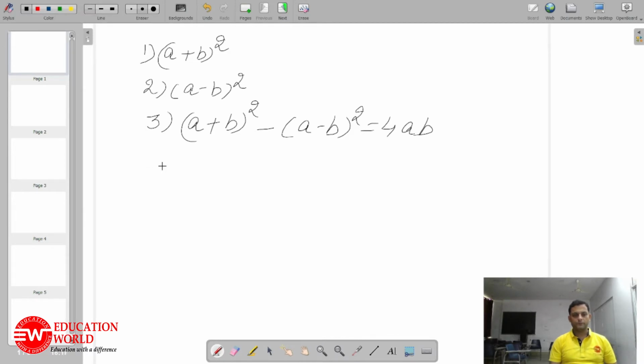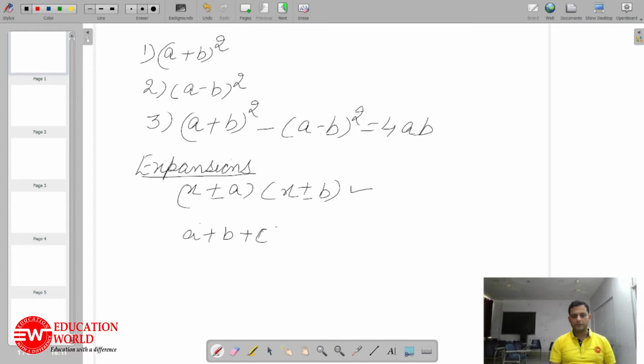Now today we are going to do some more expansions, like (x plus minus a)(x plus minus b) formula. This is a general expansion, and one more formula this time is the square of three terms.